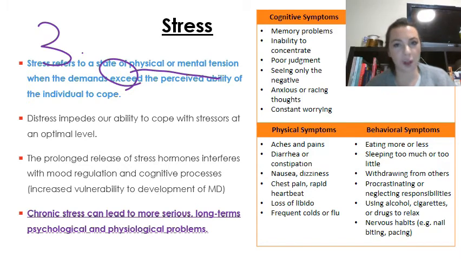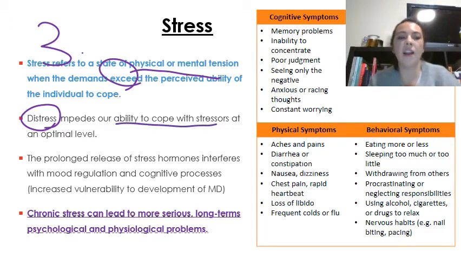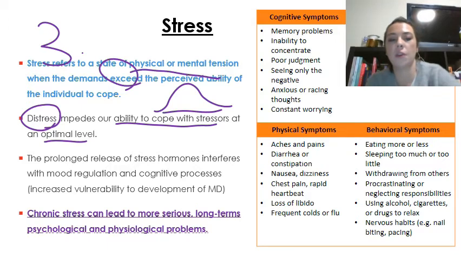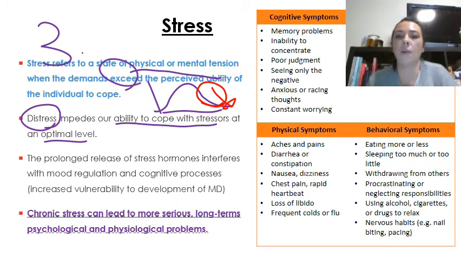We know that we have two types of stress: eustress and distress. Distress is a negative psychological response to stress, and it impedes our ability to cope with stresses at an optimal level. So if we are really stressed, we're more likely to be down here if we're feeling distressed, so we have lower levels of coping ability than if we had eustress, which is up here.